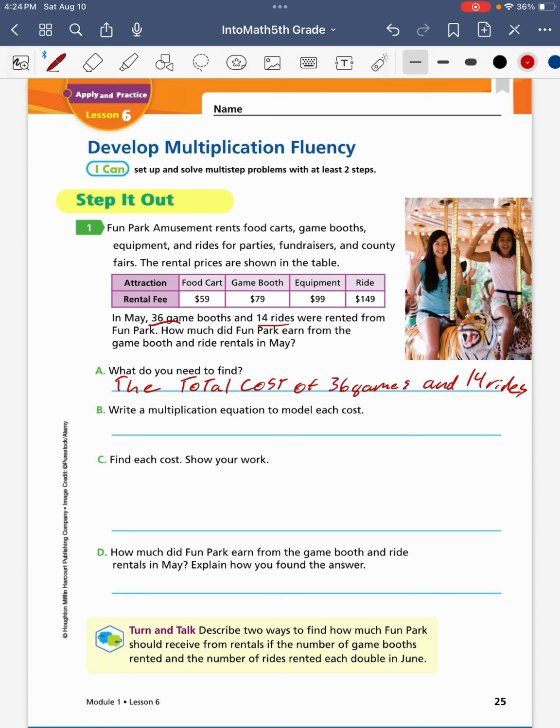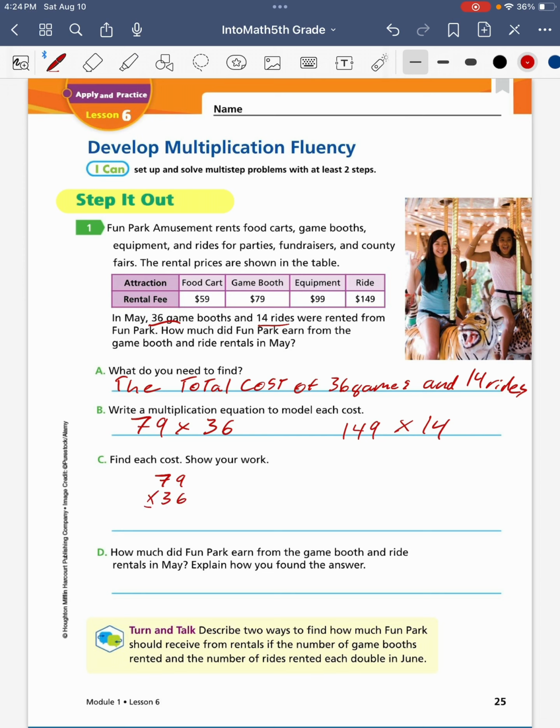Problem B, we need to write a multiplication equation to model each cost. The first of which is our game booths, where I'm going to be multiplying $79 times 36, and then I'm going to be multiplying our rides, $149 each, times 14.